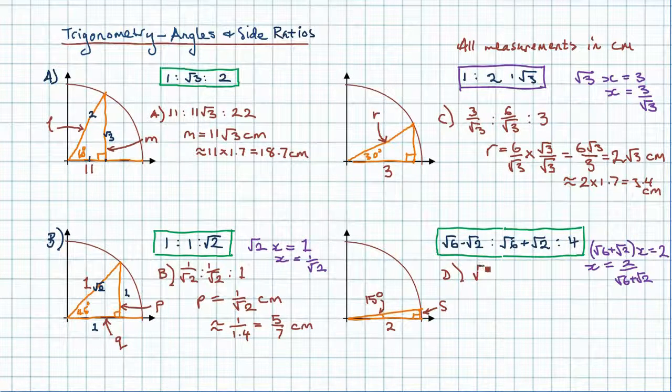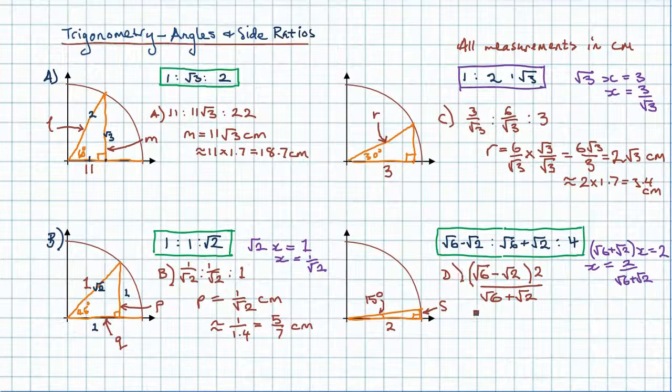Root 6 minus root 2 is the value of S. So that's now been multiplied by, well, 2 and divided by root 6 plus root 2, which all looks very complicated, but actually it's not too difficult to do.